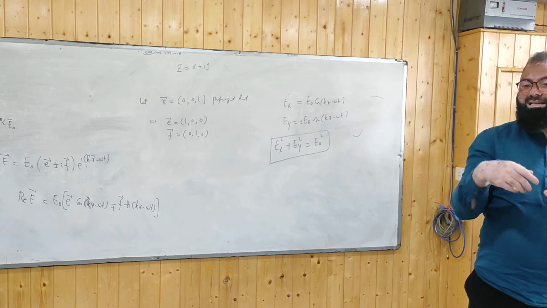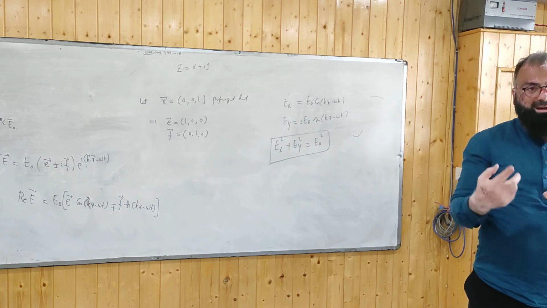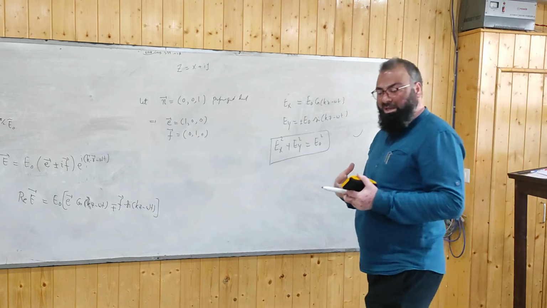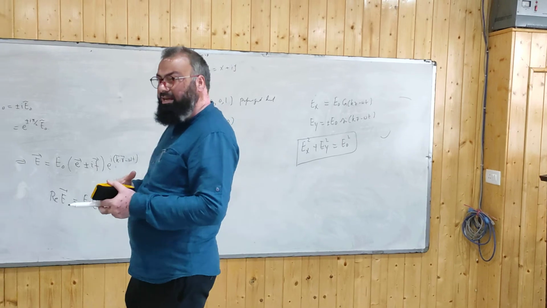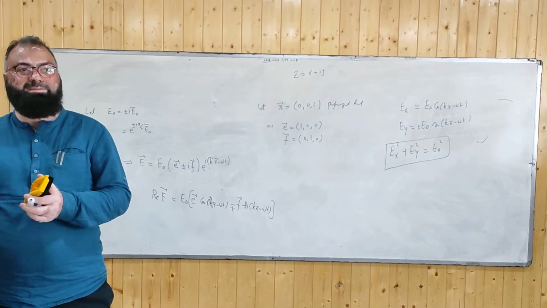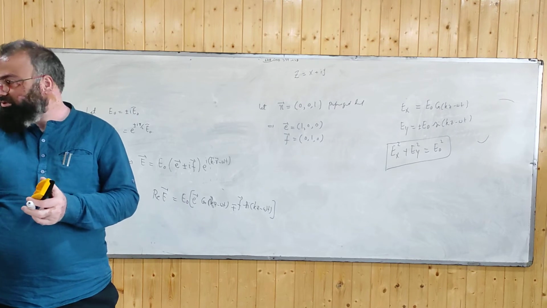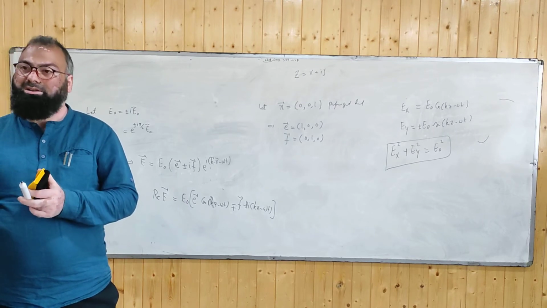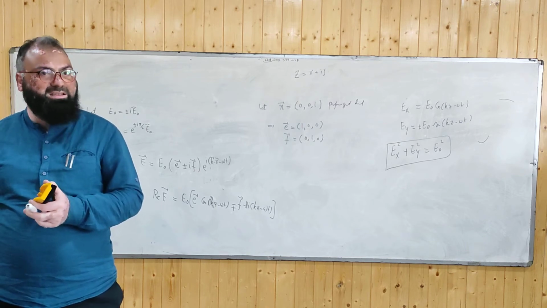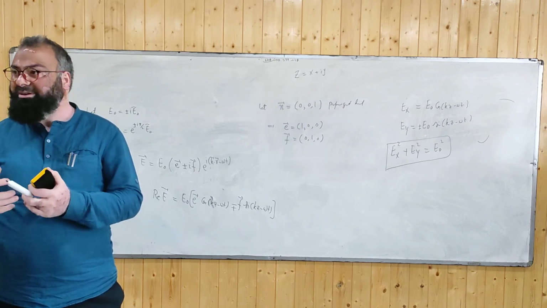So we call it a negative helicity or left circular polarization. So you have two helicity states of an electromagnetic wave: the positive helicity wave, meaning right circular polarized, and the negative helicity state, meaning left circular polarized. Clear? Got my point?